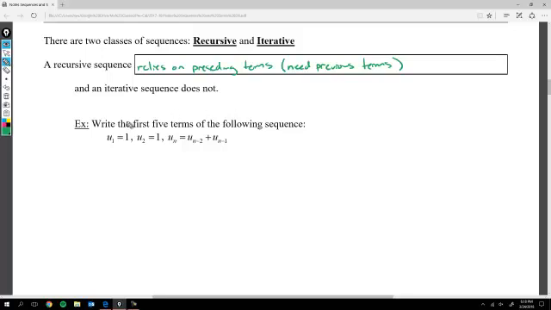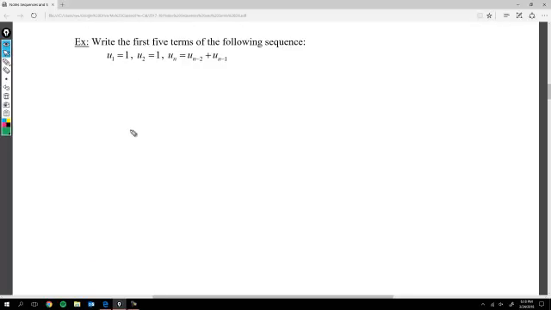Right, so let's walk through an example of this really quick. So let's write the first 5 terms of this mess right here. Okay, well, we define this as the first term. So remember, this subscript tells me the place of my number, like where it is in the sequence. So u sub 1 means this is my first term.